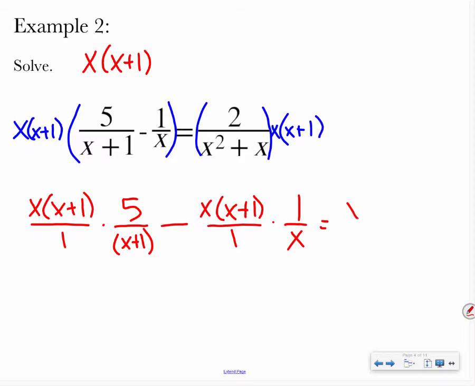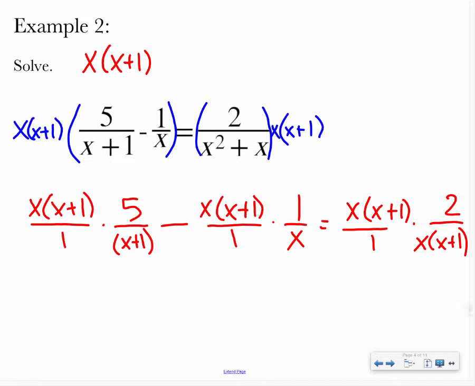And that equals the same thing over here. When I look at that x squared plus x on the right-hand side of the equation, I see they both have an x in common, so let's change that by pulling out an x and say that's x times x plus 1.